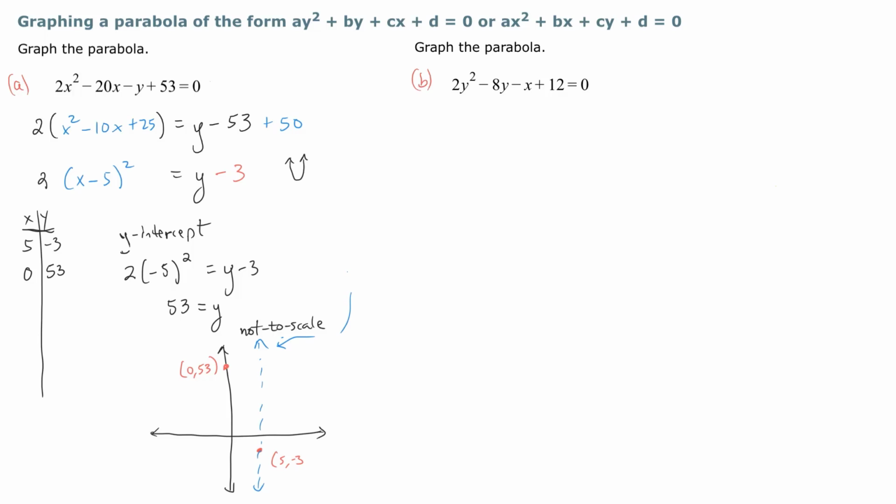How do we label this vertical line? X equals 5. So there's our axis of symmetry. X equals 5. I just need one more ordered pair. It's going to be over here. That ordered pair is going to be, I'm sorry, not 10, 53. Simply by counting.